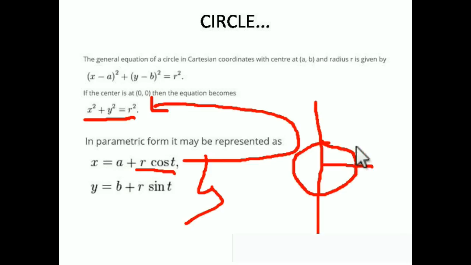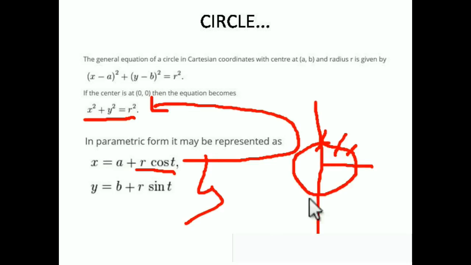If I put t is equal to, let's say, 30, then I have this point. If 60, then I have this point. If 90, then I have this point. So by varying theta, I can vary the point, and I can get the point by this parametric form. So this is also an important thing to remember: a plus r cos t, b plus r sin t, where a comma b is the center and r is the radius.